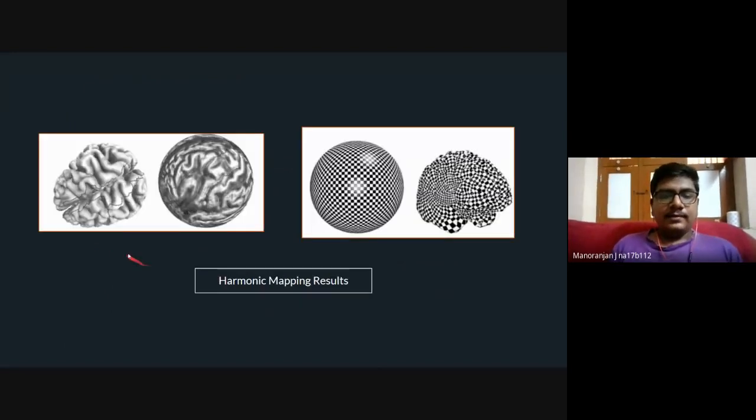These are the results they have shown in the paper. This is the brain surface, and as you can see, they are mapping it onto a sphere. You can see how the variations in the surface are captured here.